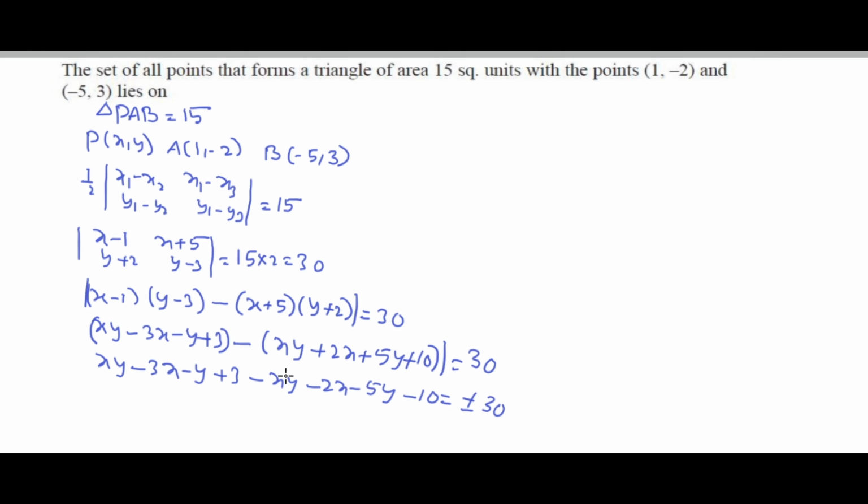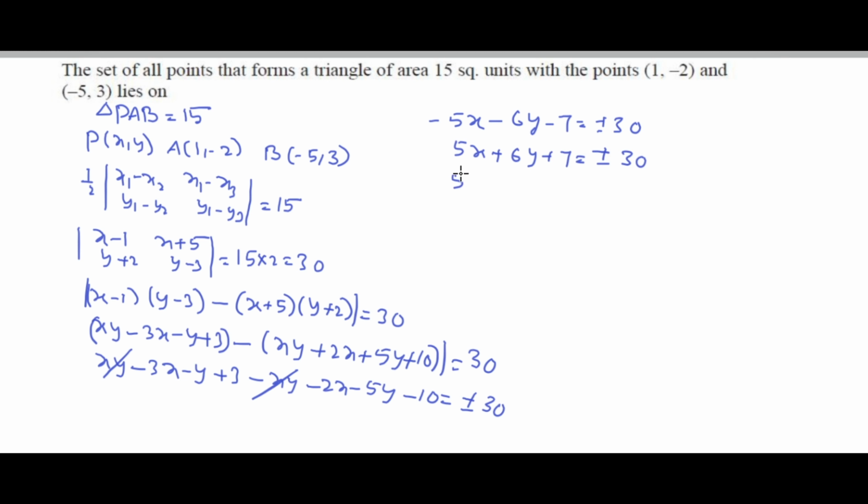Here xy minus xy, both are cancelled, minus 3x minus 2x, that is minus 5x, minus y minus 5y, that is minus 6y, plus 3 minus 10, that is minus 7, is equal to plus or minus 30. This is written as, take minus common, 5x plus 6y plus 7 is equal to plus or minus 30.